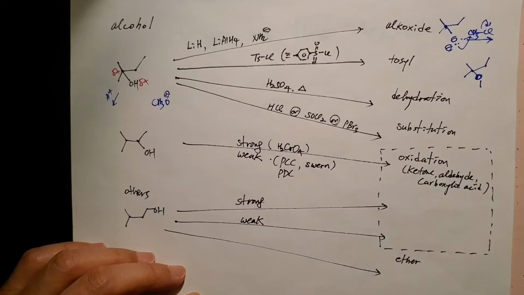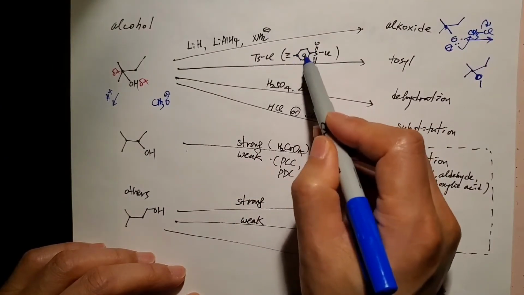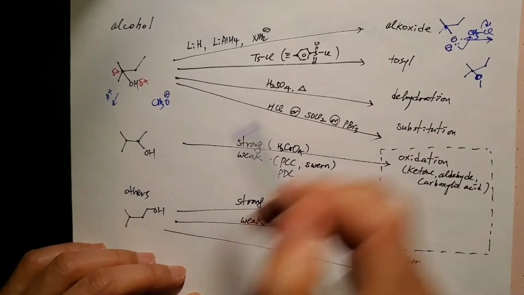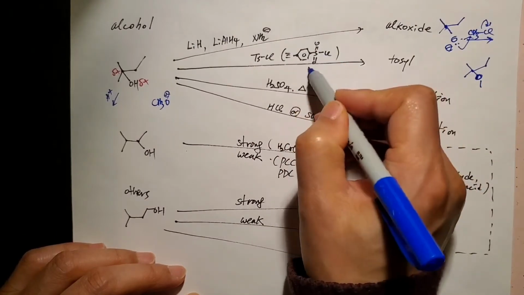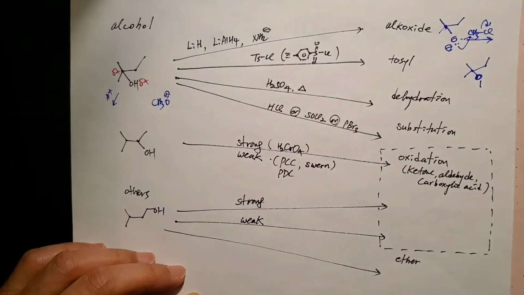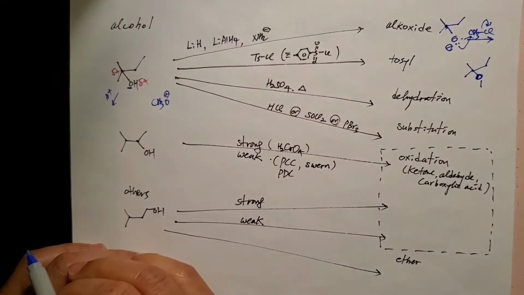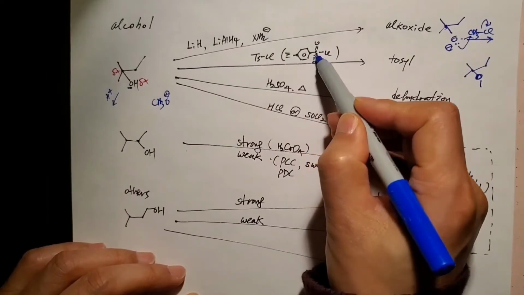Then you have options like a tosyl group. Here you have a toluene, methyl group, benzene, sulfonyl group with a chlorine as a leaving group right there. So this portion is a tosyl group, TOSYL. This base, in the presence of a basic solvent, can give electrons to the electrophilic sulfur.